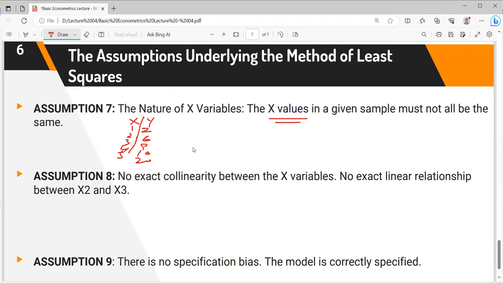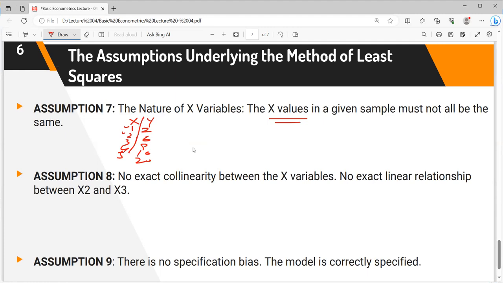So we can see that x has some variation. If x is the same throughout the time period, then it's not possible to check the relationship between x and y. So it is assumed that x has some variation, or x values are not the same throughout the sample.